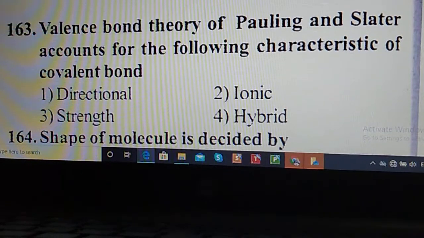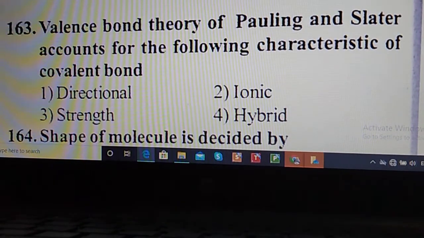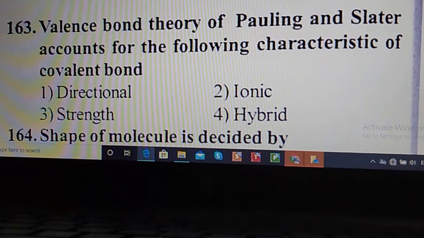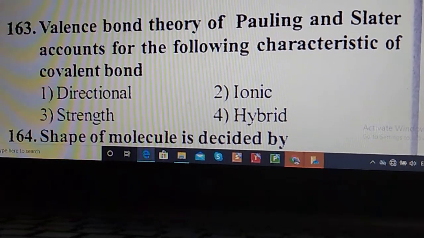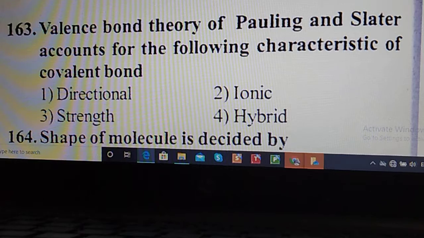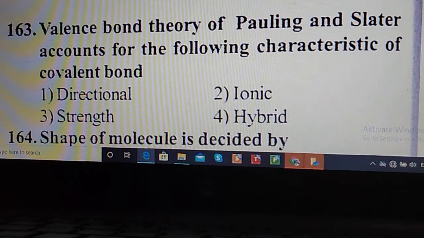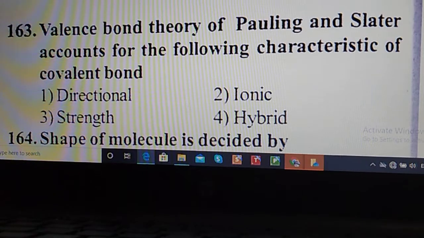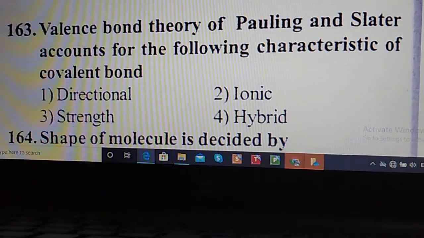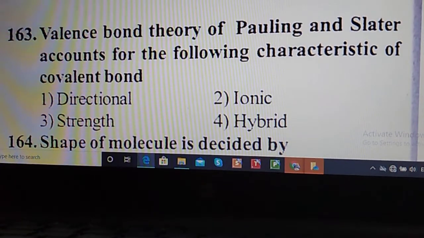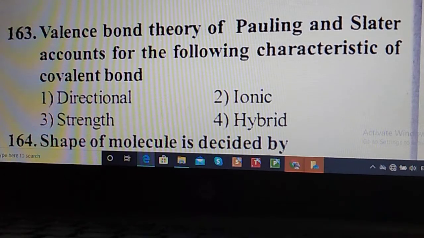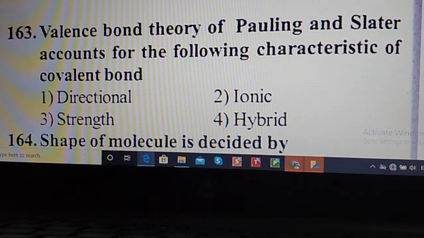But then it was extended by Pauling and Slater, and they described the directional nature of the covalent bond. They said all covalent bonds are directional in nature. So the correct option will be option number 1, directional nature of the covalent bond.